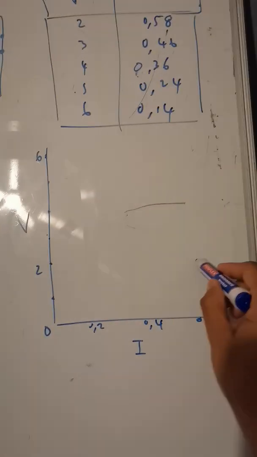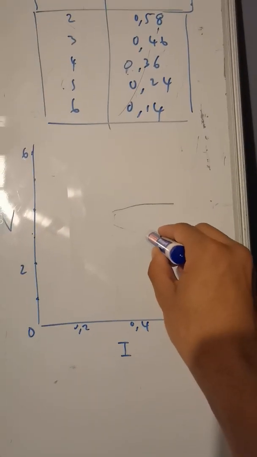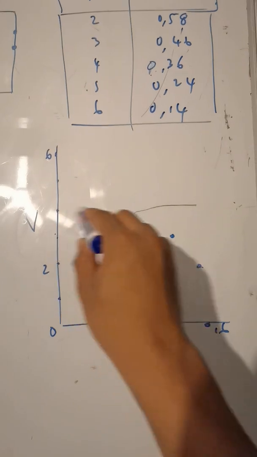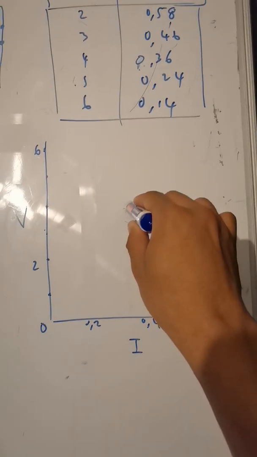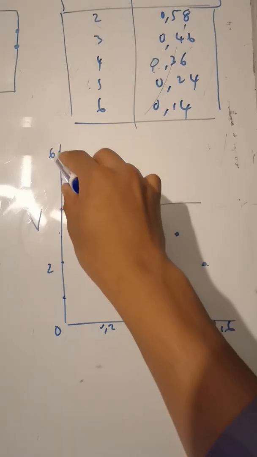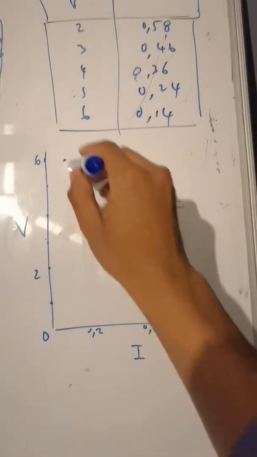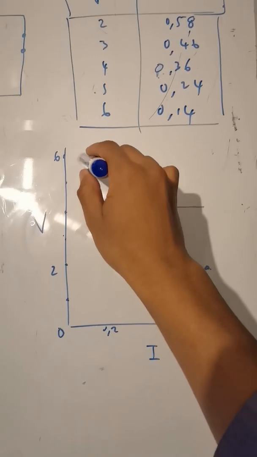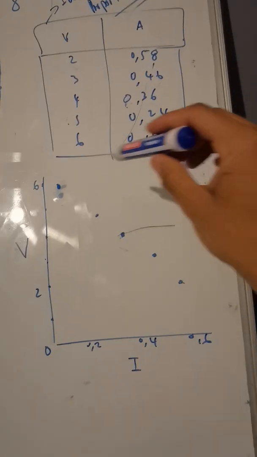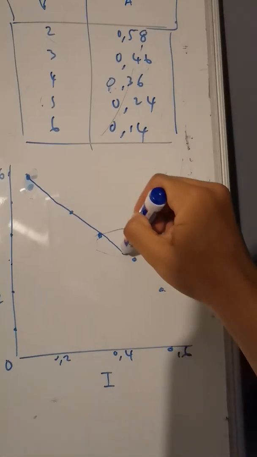So 2 corresponds with 0.58, about there. 3 is about there, 4 is about there, 5 is about here, and 6 is about here, at 0.14. So you can clearly see that if you draw your line of best fit, your line will look like that.